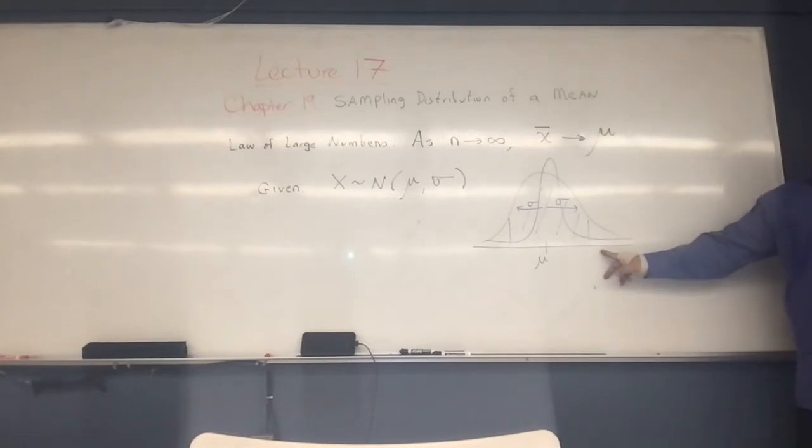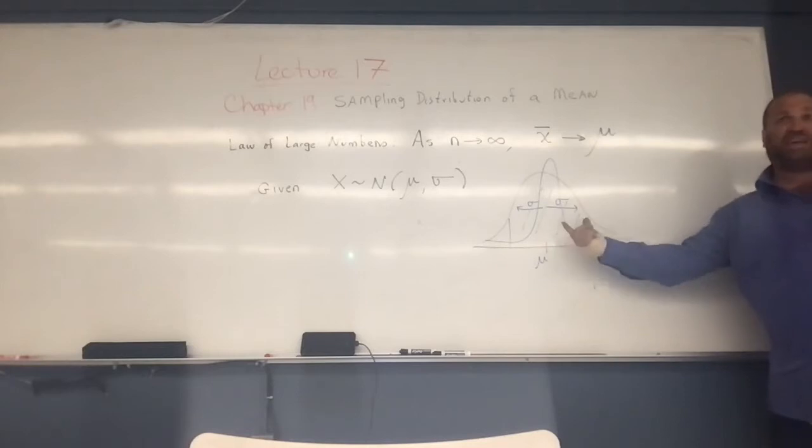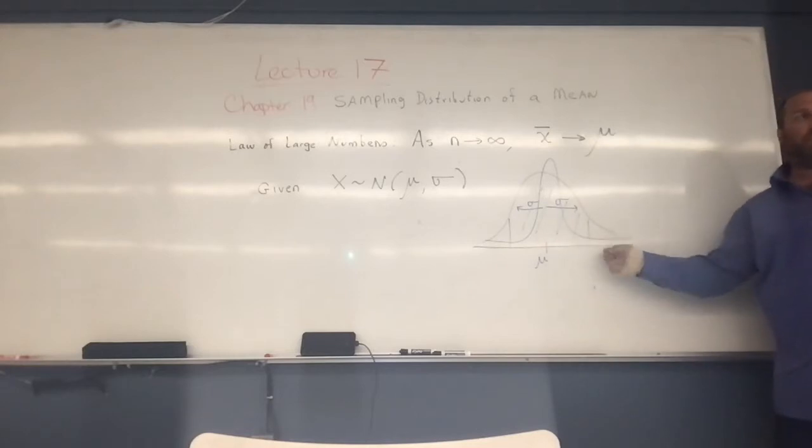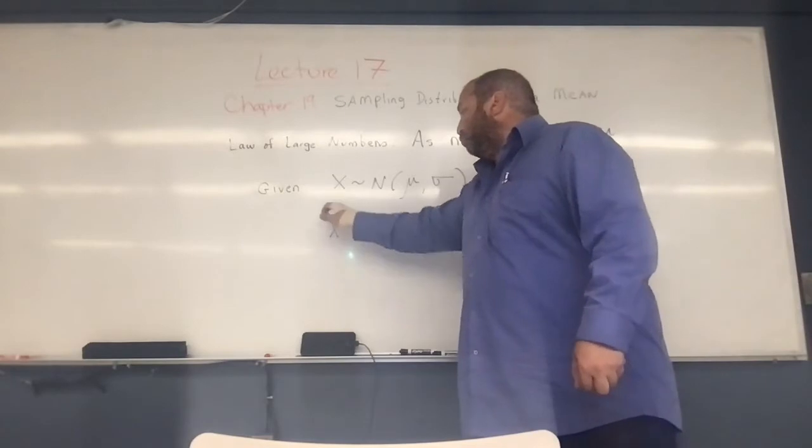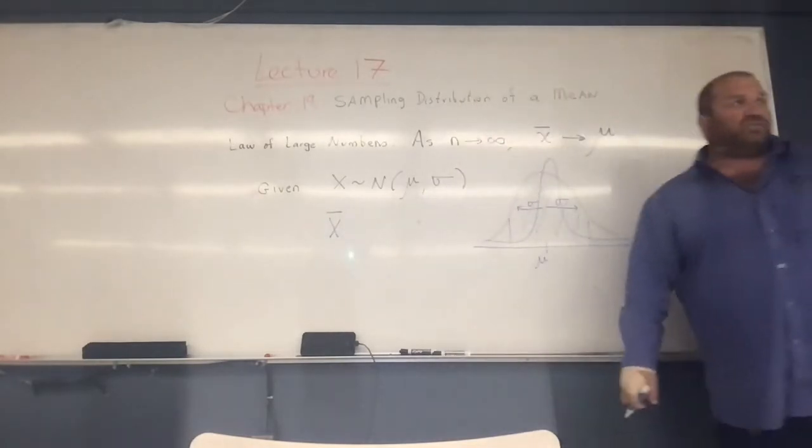A lot more. The event is the same location on my axis, but relative to where the mean is and with the size of sigma, that's why it's a lot less likely. So what we're going to do is come up with a distribution for X bar. What is the X bar distribution?